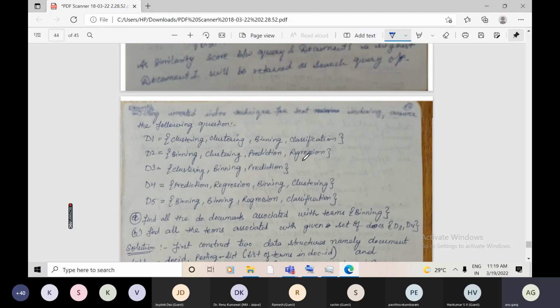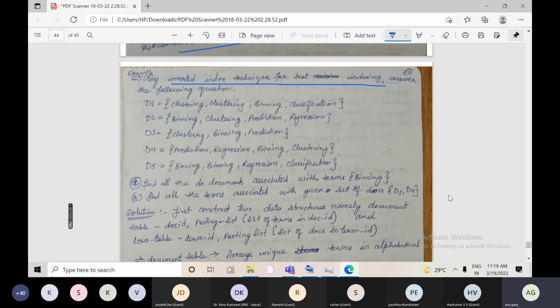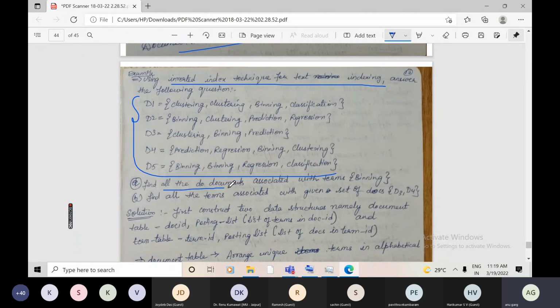So here in this question, you have to use the inverted index technique for text indexing, and we have to answer the following questions. This is also from a previous exam, and they just gave it for 1 mark. You need to find all the documents associated with the term binning. Normally we can also do it by seeing which documents binning is coming in: D1, D2, D3, D4, D5.